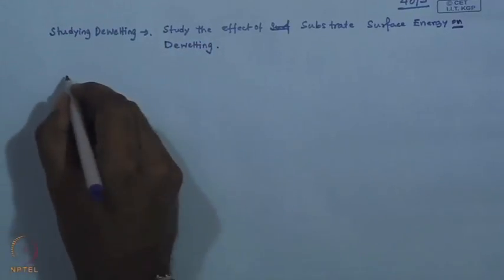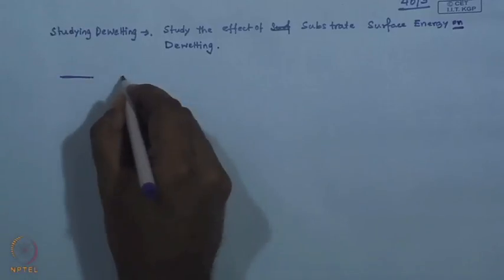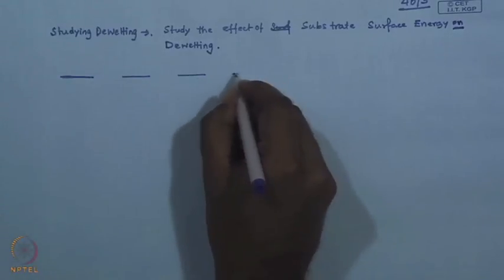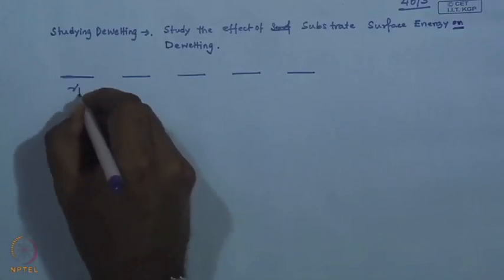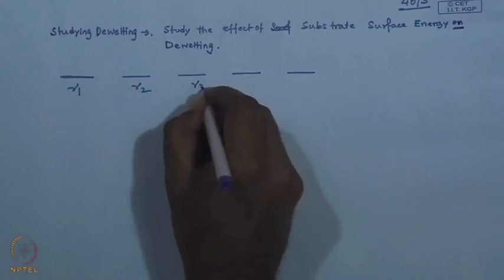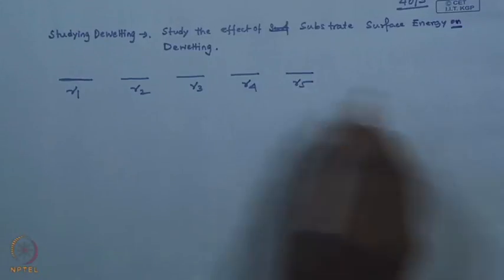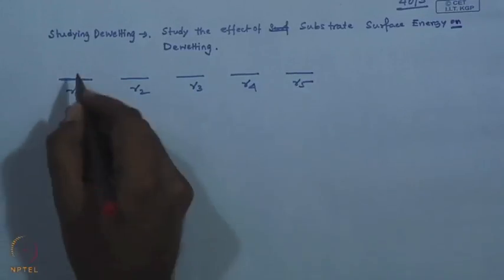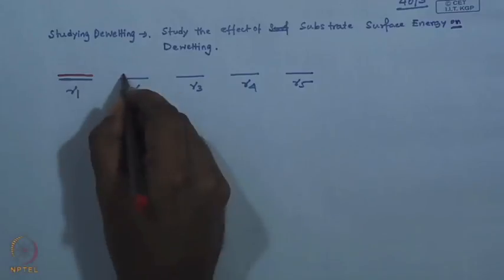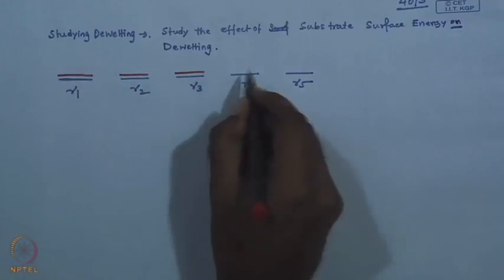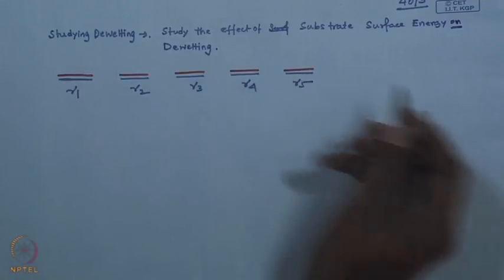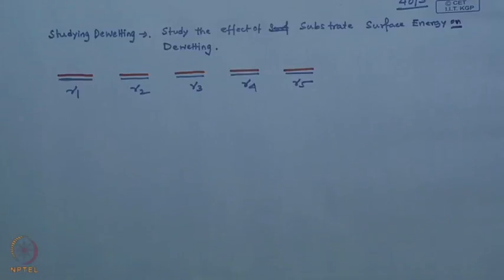So, how would you typically study this? You would probably take 5 different samples with 5 different surface energies and then do spin coating under identical conditions, and then you will individually study the dewetting on each of the samples. This is your most likely approach if you are designing an experiment.